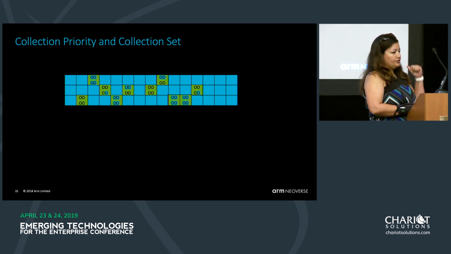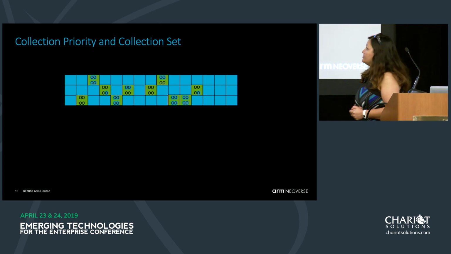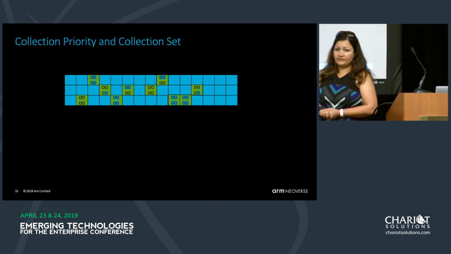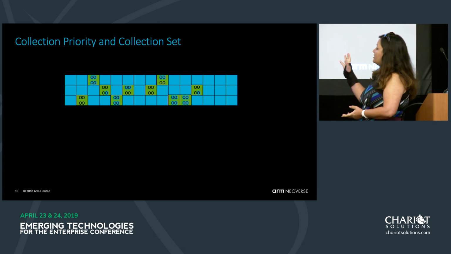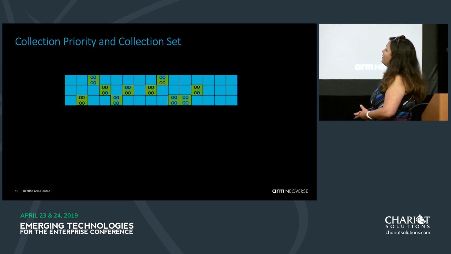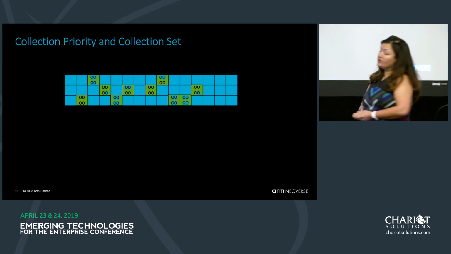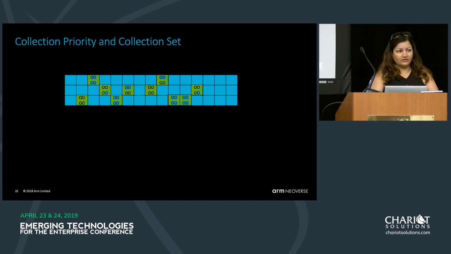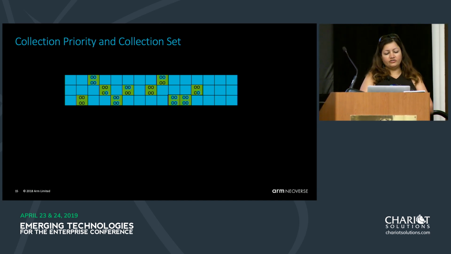What I've tried to show here are occupied regions in green, and the blue highlight means they're live. One of the regions has all its objects live, or actually a couple of regions have all objects live. So let's look at what regions we'll collect: basically regions with the least amount of live objects.